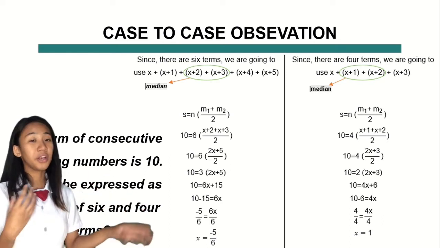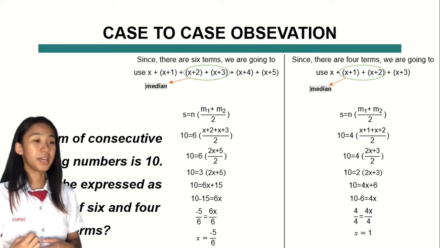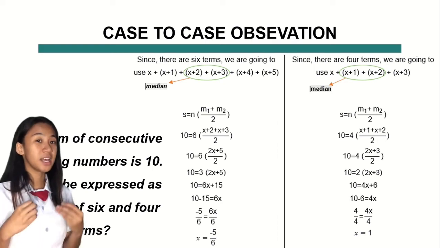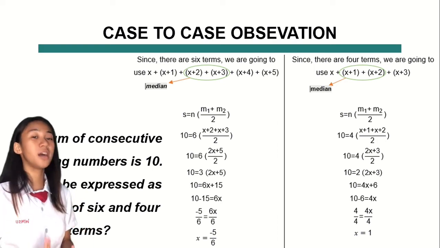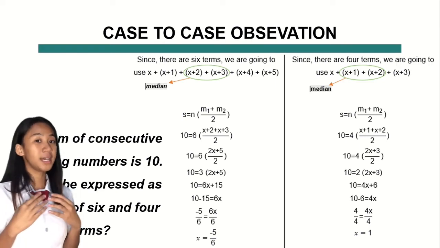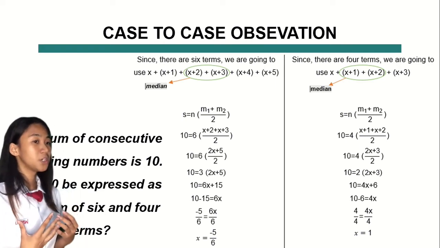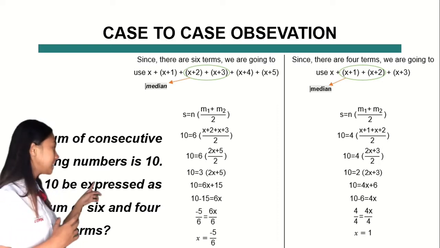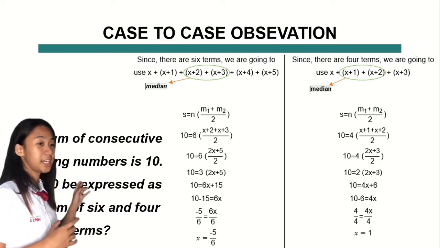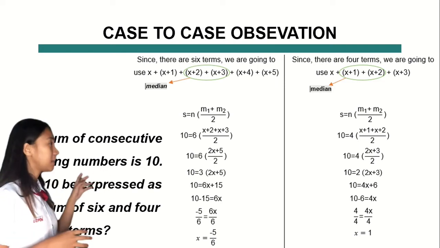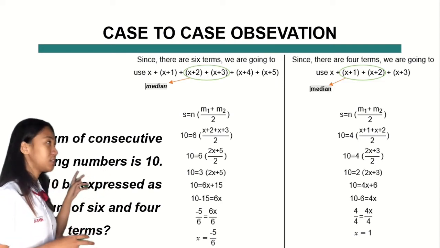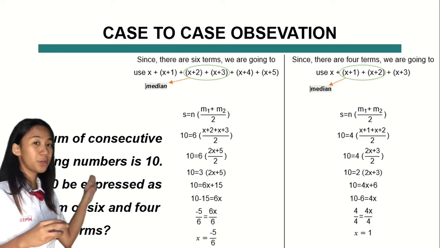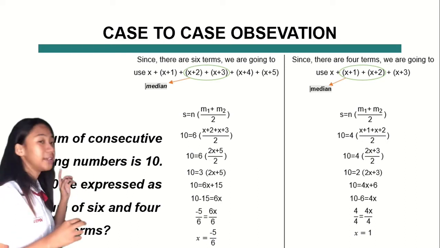So we are going to use the formula for an even number of terms. S is equal to N multiplied by the quantity of M sub 1 plus M sub 2 divided by 2. We substitute all the given: 10 as the sum, 6 as the number of terms, and x plus 2 plus x plus 3, which are M sub 1 and M sub 2, divided by 2.